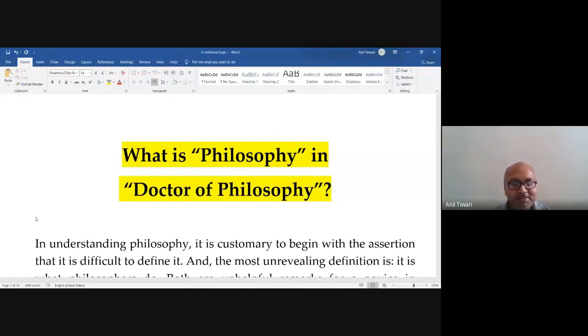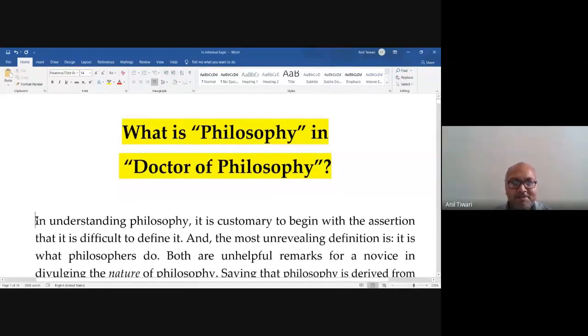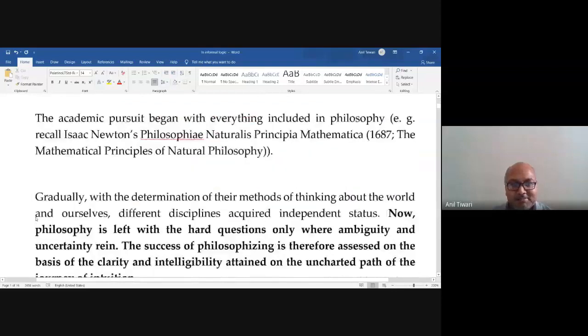What is philosophy? And then, of course, that sense will be in the Doctor of Philosophy, right? So we all are looking for this degree. If you ask a faculty or a student of philosophy, then you know what the situation is.